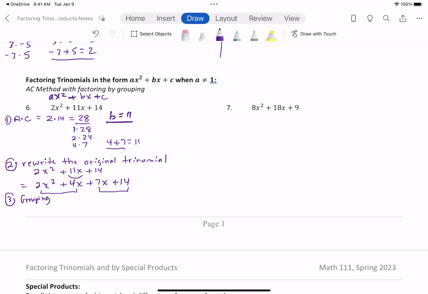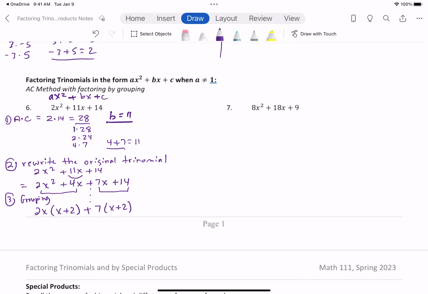So if I look at just the first 2, 2x squared and 4x, they have a GCF of 2x, so I'm going to factor that out. That will leave me with x plus 2. Then there is a plus sign. And then the 7x plus 14, the GCF is 7, and that also leaves me with x plus 2.